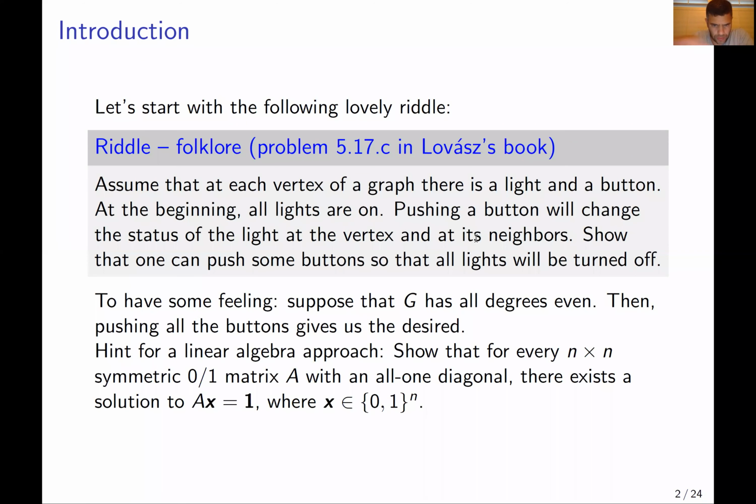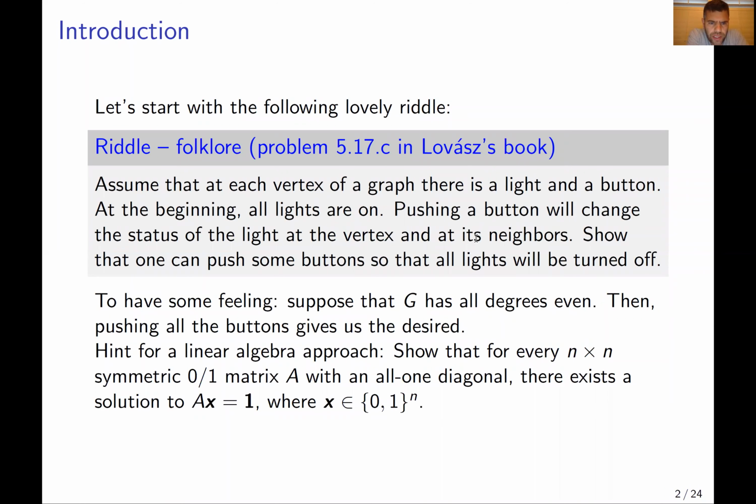Now, if you don't know this riddle, there are many proofs for it. One of my favorites is the linear algebra approach, but you can also do a direct induction, and there's a more clever construction. In Lovász's book, there is a really sophisticated induction, also quite short, but I will talk about it soon.